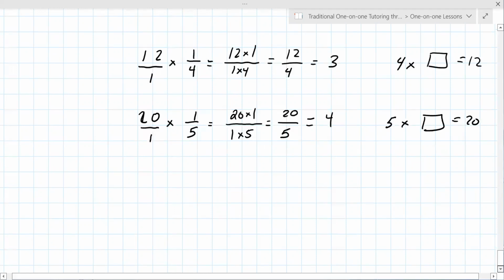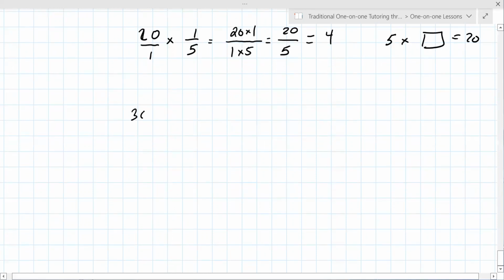All right, so let's try another one here. Let's say it's 30 times 1/6. We can write 30 as what? What's another way to write 30? Put 1 below. Yeah, exactly.